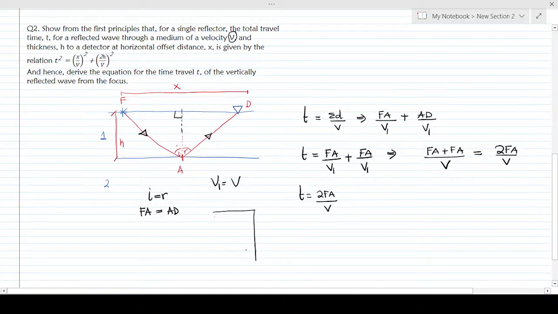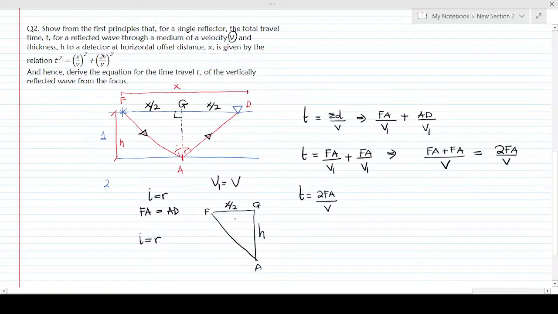This is F, this is A. Let me call this G. The distance from G to A is our thickness H. Because the angle of incidence is equal to the angle of reflection, the normal divides FD into two equal parts. So here is going to be X over 2, and here is going to be X over 2.